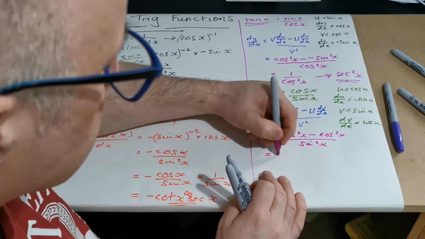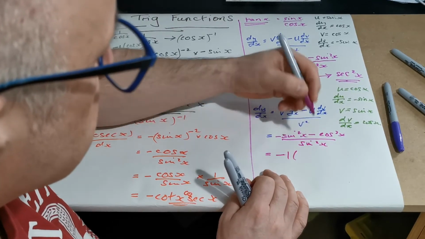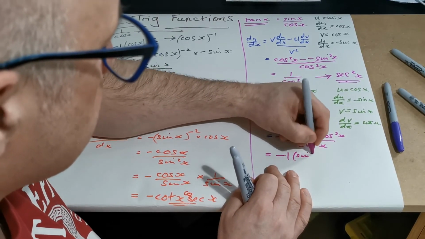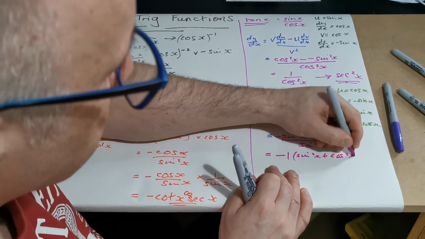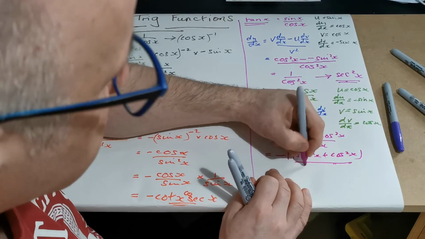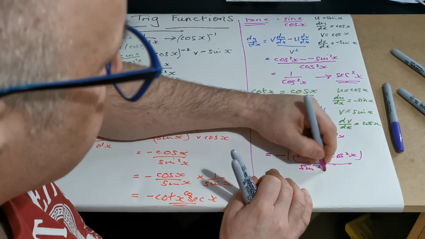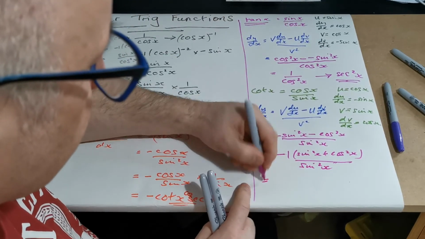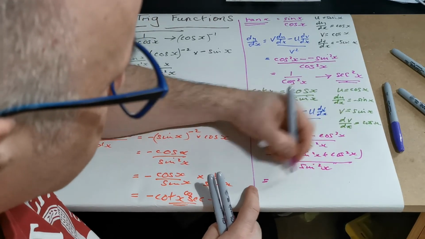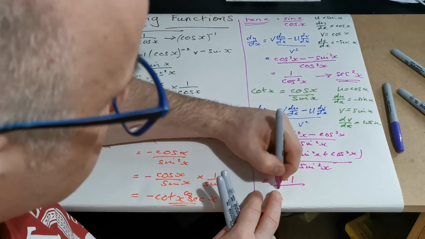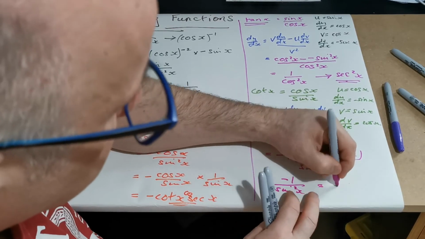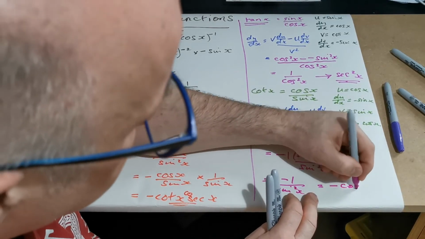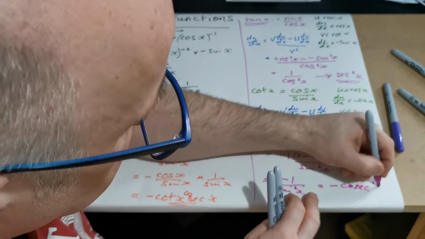That is minus 1 times sine squared x plus cos squared x over sine squared x. And you know that equals 1, so it's minus 1 over sine squared x, which equals minus cosec squared x.